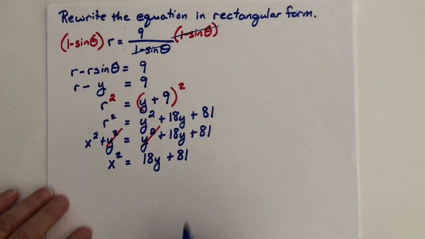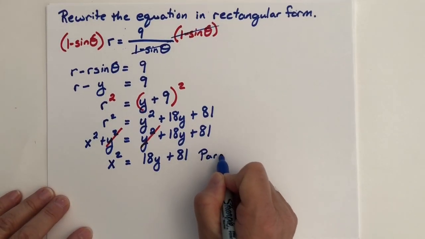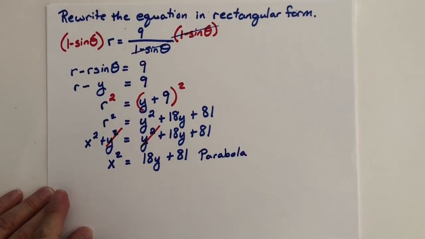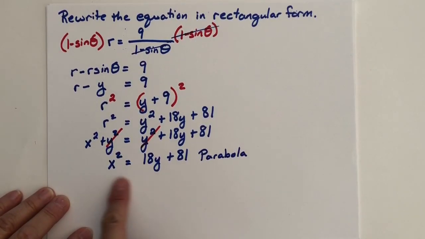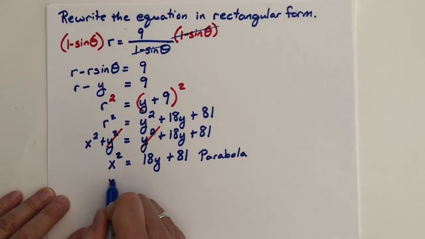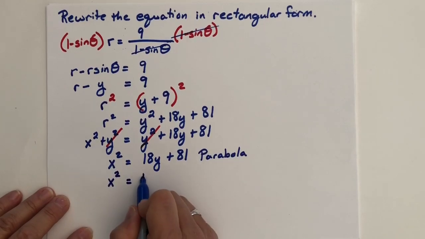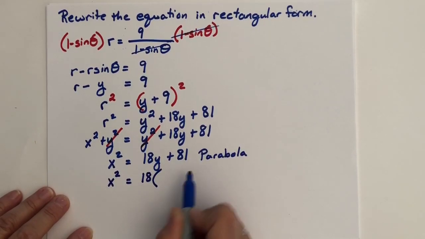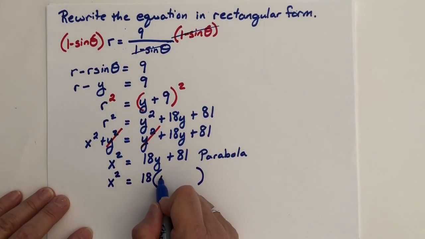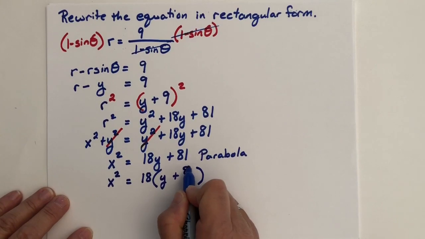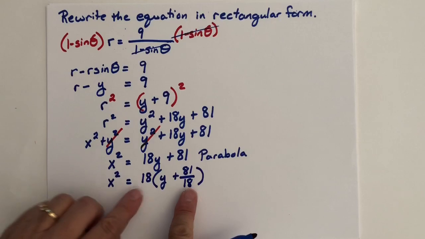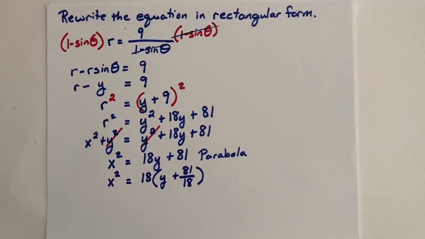Now, since we know it's a parabola, let's take another step or two and write it in standard form by factoring out the coefficient of y. So we'd have x squared equals 18 times. Now, let's see, if I'm factoring out 18 from that 81, that's really 81/18ths, right? Notice 18 times 81 over 18, the 18s cancel and we get our 81.